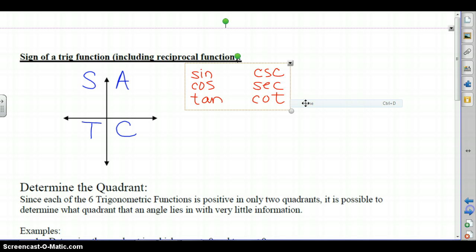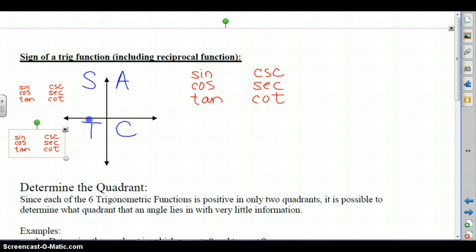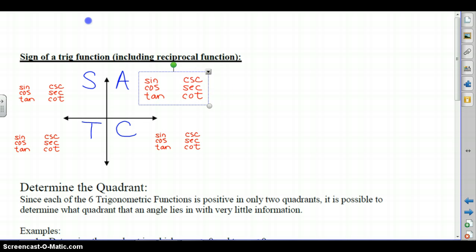But I'm going to take those and put them item by item in each quadrant so you can see them very carefully. Okay, in each quadrant, here are what the answers will be. Everything is positive in quadrant 1. The all is still true.